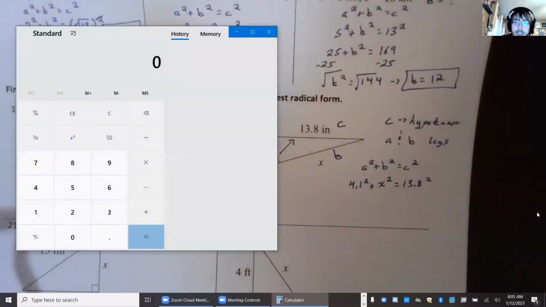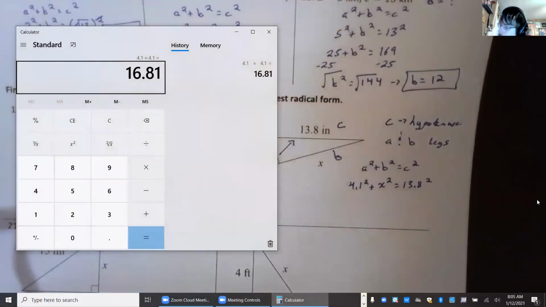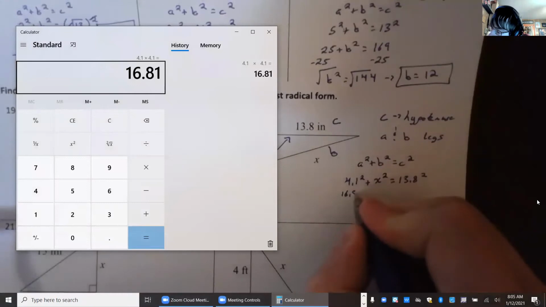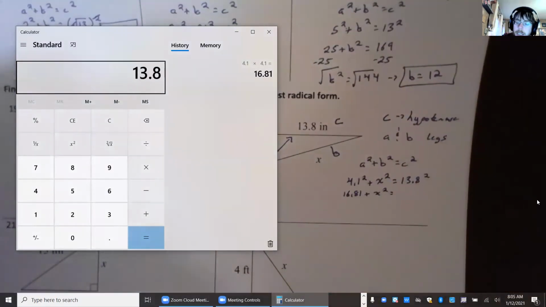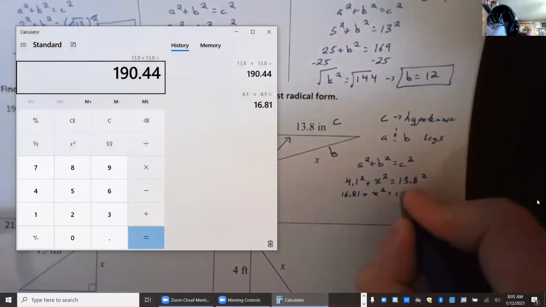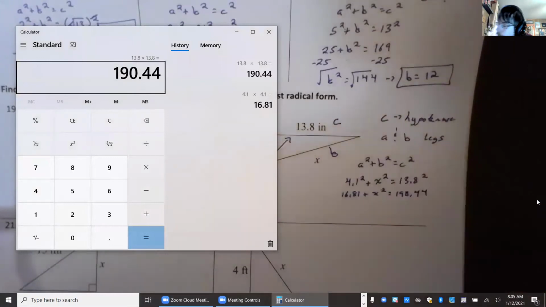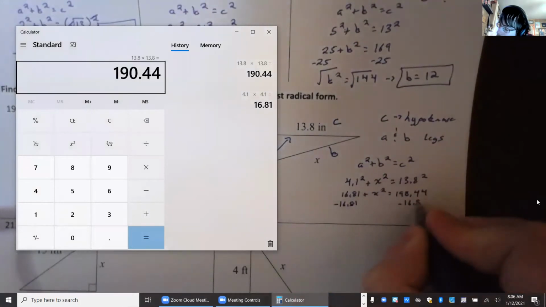Now on our calculator, 4.1 times 4.1 gives us 16.81. X squared drops down, and then 13.8 squared is 190.44. Now, we need to get the x squared by itself, so we're going to subtract 16.81 from both sides.